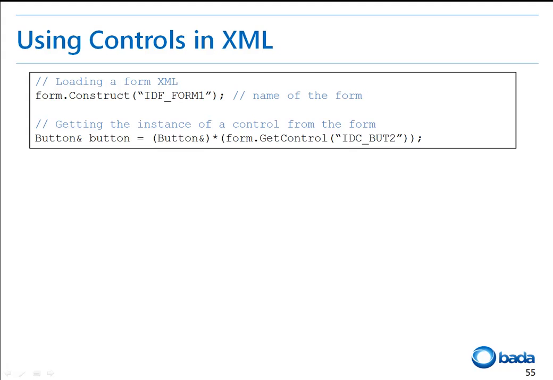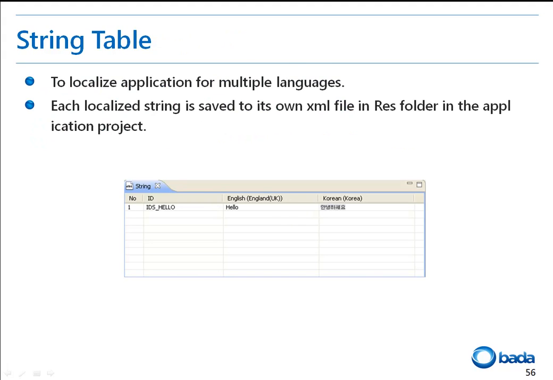You can use string resources in your application to handle and display localized strings. The IDE generates language-specific XML files with the language and country code, such as the eng-gb.xml file from the string tables to the res folder of the application project.